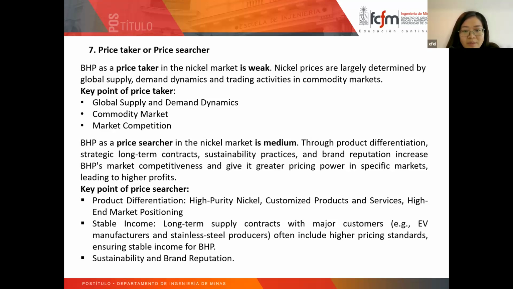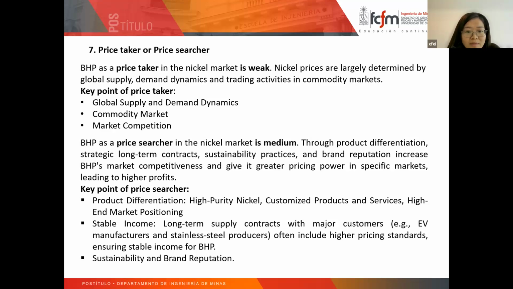The second point is the commodity market. Nickel is traded as a standardized commodity on exchanges like the London Metal Exchange, where prices are established through global trading activities. That means BHP must accept this market price regardless of its internal production efficiency or cost.